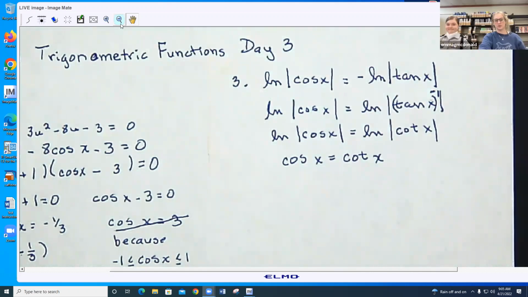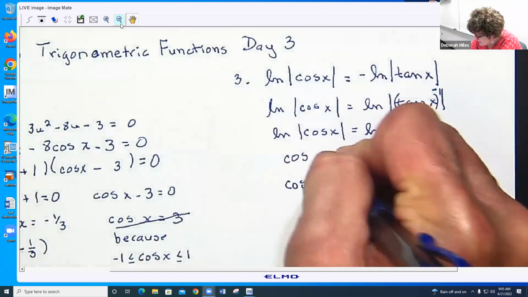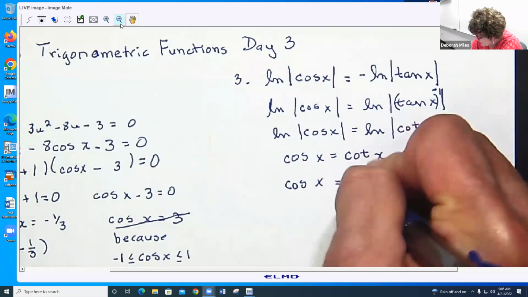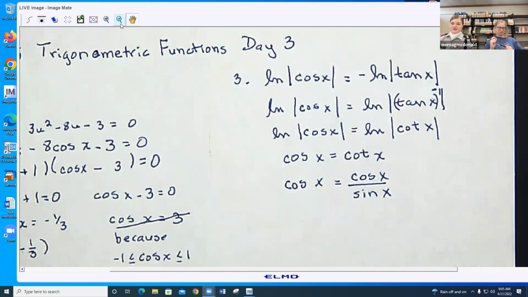Should we turn cotangent into cosine over sine? Yeah, I really can't think of anything else to do. So let's try that. Cosine x equals cosine x over sine x. Then what? Multiply by sine.